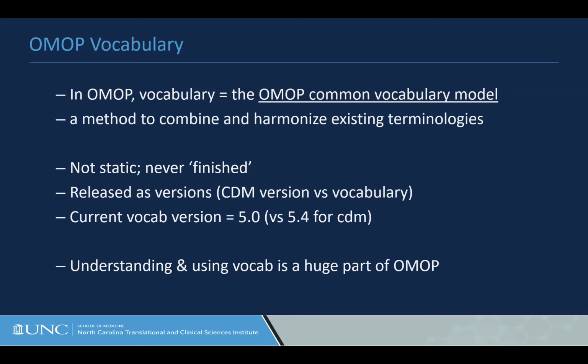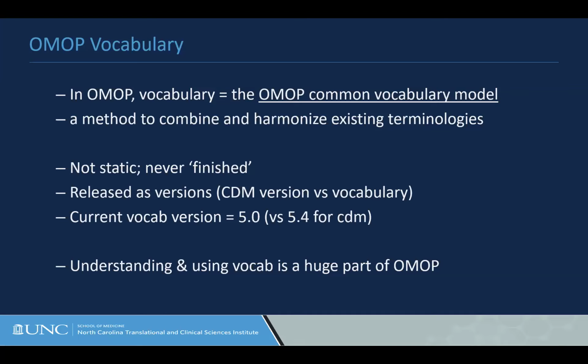There are a couple of key things to know. One is the OMOP vocabulary is not really ever considered finished. It is released as versions over time. So both the common data model itself, as well as the vocabulary, receive updates and modifications over time and get specific releases.